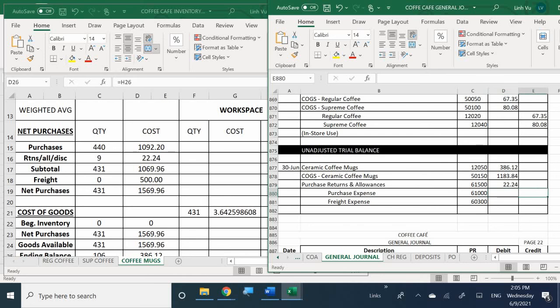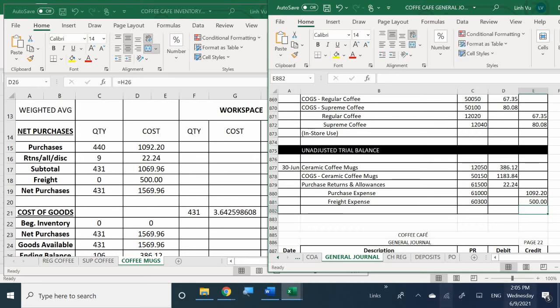What was the total cost of your original purchases? $1,092.20. And what was your total freight?